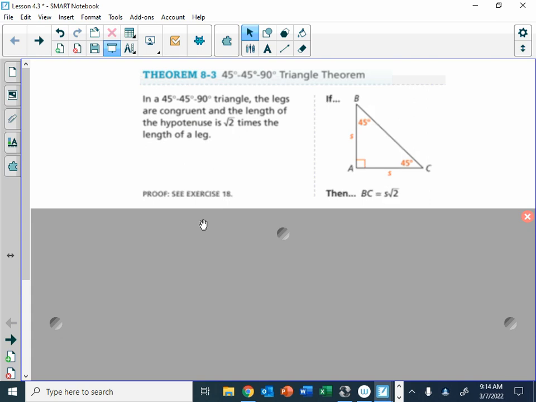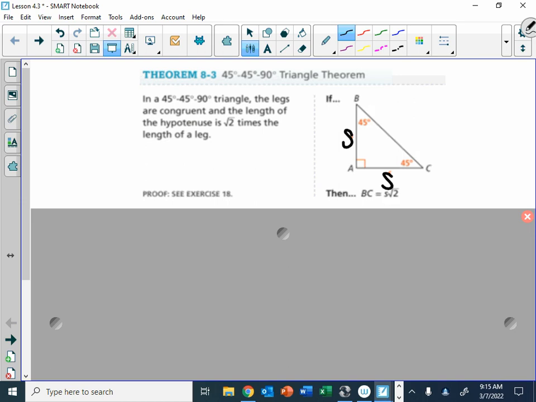Alright, in a 45, 45, 90 triangle, the legs are the same. Okay, the legs are congruent to each other. And it's labeled on your picture, but it's really hard to see, so I would prefer if you relabeled it along with me. Okay, your legs are going to be the same, and you're just going to label your legs as S. S for side. Okay, it could be X, it could be P, I don't care.